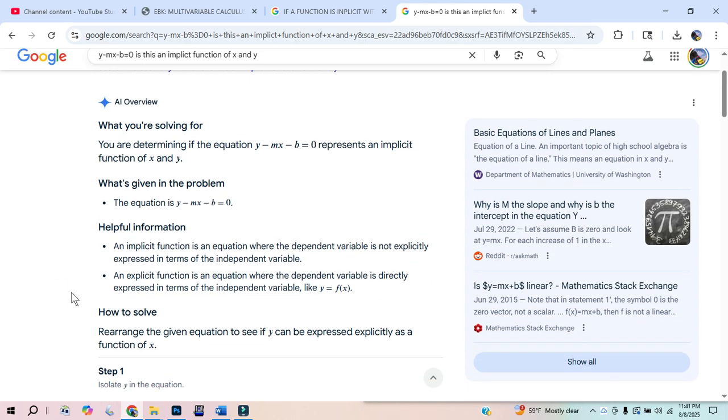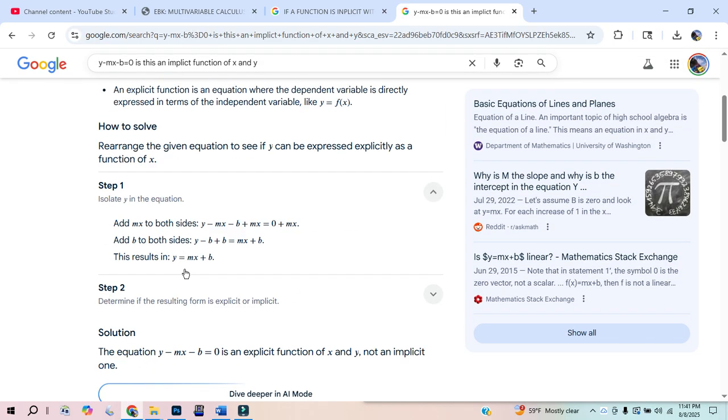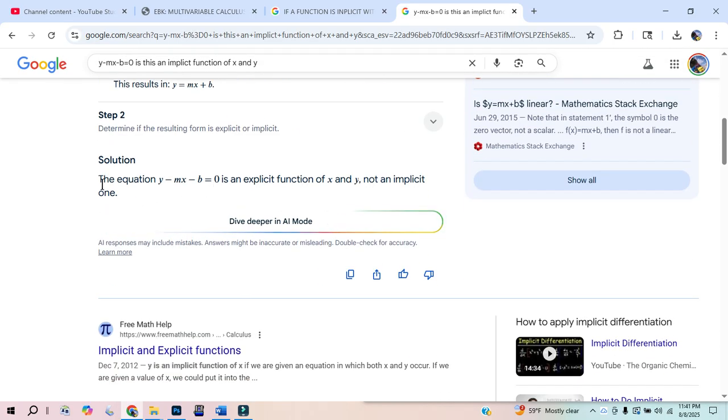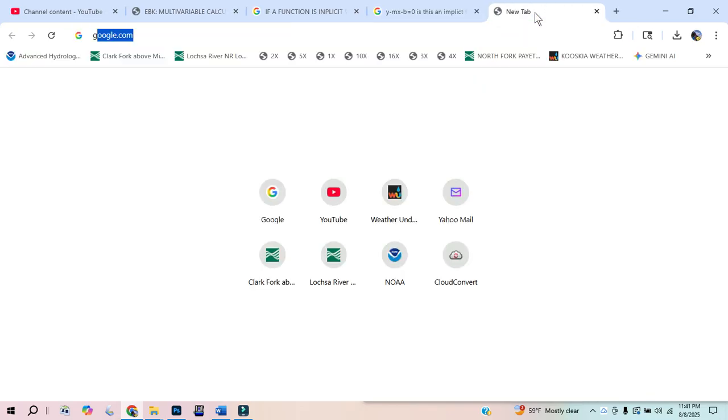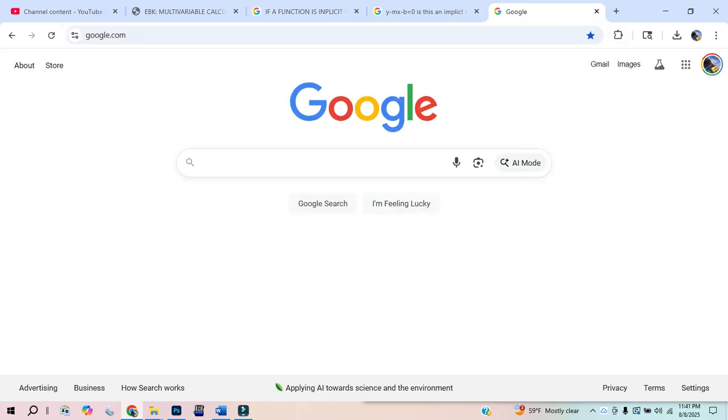An implicit function is an equation where the dependent variable is not explicitly expressed in terms of the independent variable. So sometimes you have to Google all the way down. Right here, it says the equation is an explicit function of x and y, not an implicit one. Whoa, okay. I didn't think that was going to be the case.